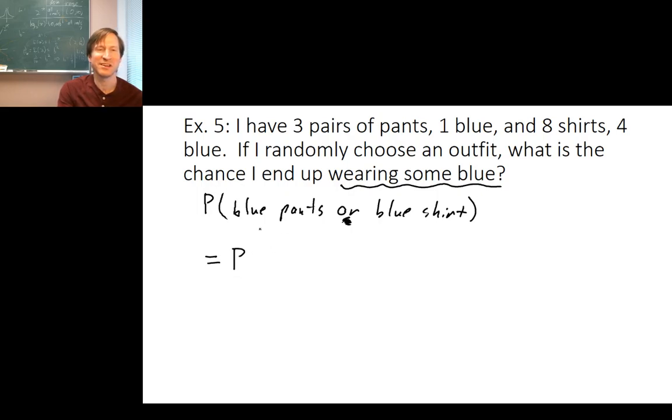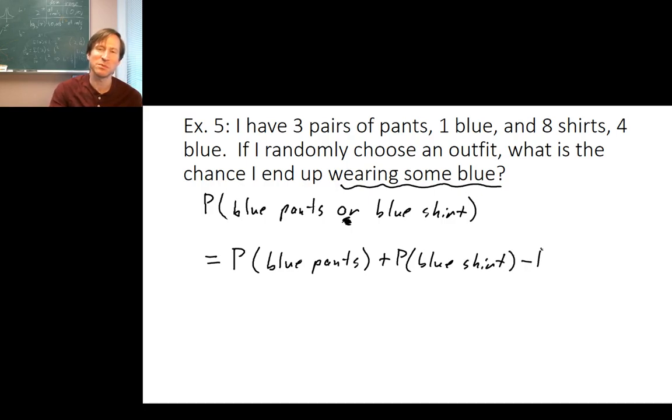So the probability of blue pants or a blue shirt, that's the probability of choosing blue pants plus the probability of choosing a blue shirt minus the probability of the overlap. So minus the probability of blue pants, I'm going to start abbreviating things, so blue pants and blue shirt.